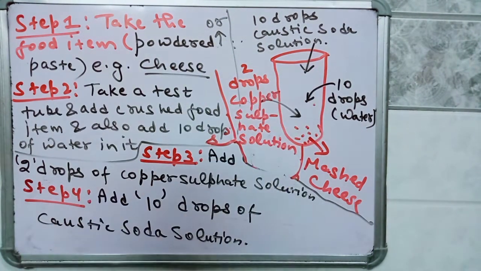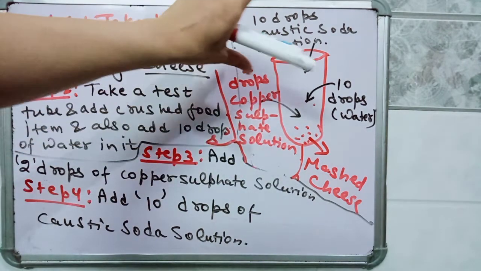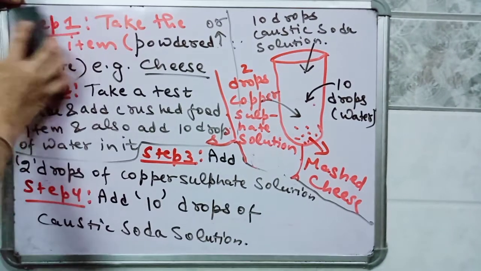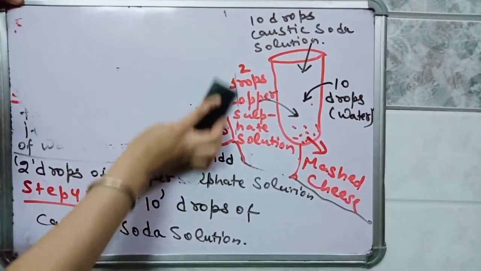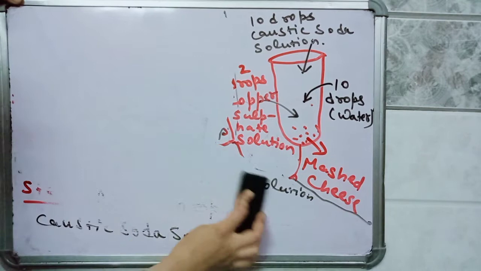Shake this test tube very well after adding the caustic soda solution and keep it at rest for a few minutes.